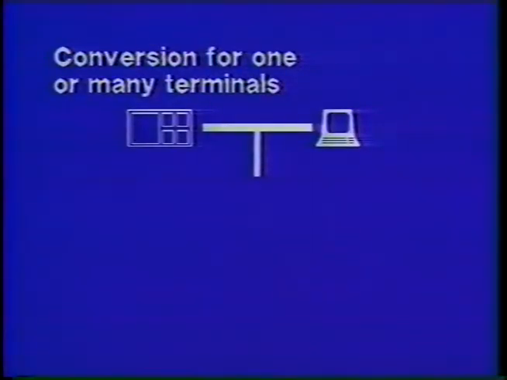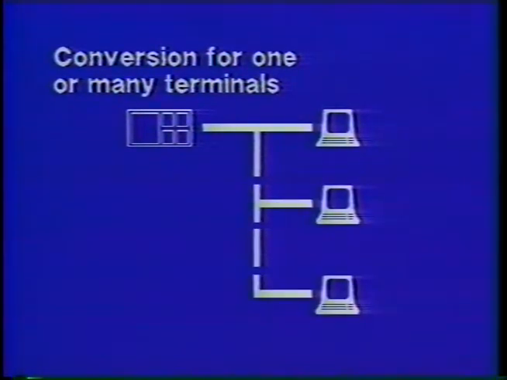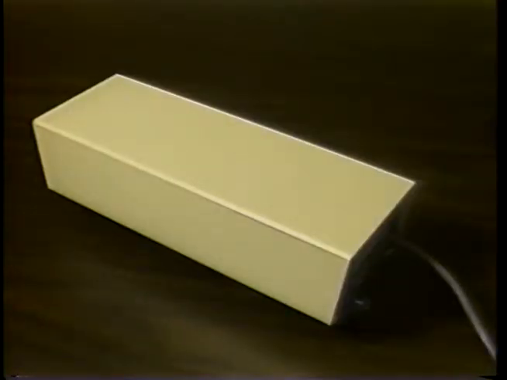Standalone protocol converters perform a variety of functions and are implemented in a variety of ways. They may serve anywhere from a single terminal to hundreds of terminals. There are converters for batch protocols, for interactive protocols, for synchronous protocols, for asynchronous protocols. Here is a quick overview of some actual protocol conversion devices.